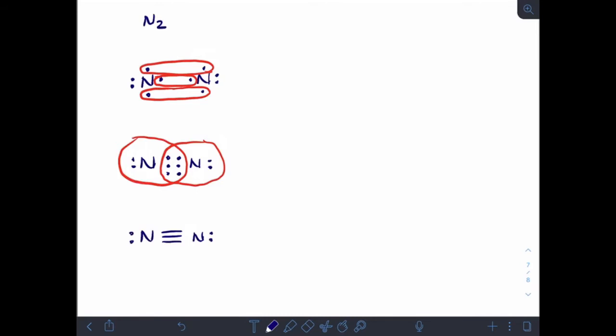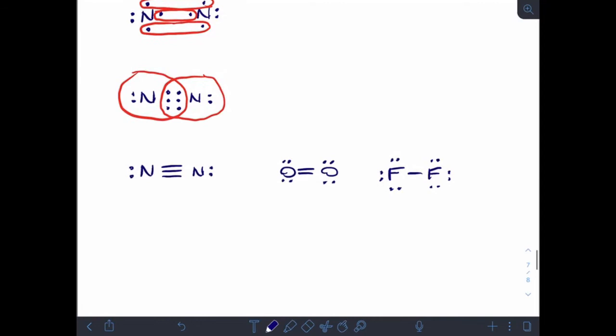So we have our three examples: our triple bonded nitrogen, our double bonded oxygen, and our singly bonded fluorine. Single, double, or triple bonds have different lengths and different strengths, so bond length and bond strength are something that we can begin to talk about.